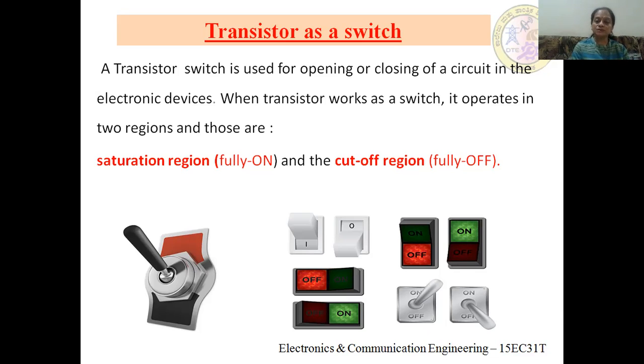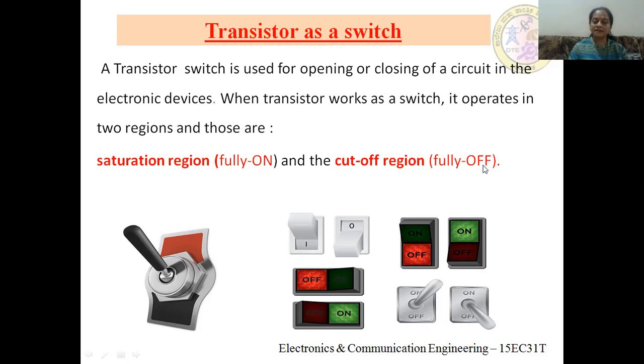When we use a transistor as a switch, it is operated between two regions: the saturation region, which is on, and the cutoff region, which is off. As explained in the previous slide, saturation means the maximum amount of current flows and it is in the on condition. Cutoff means no current flows and it is in the off state.